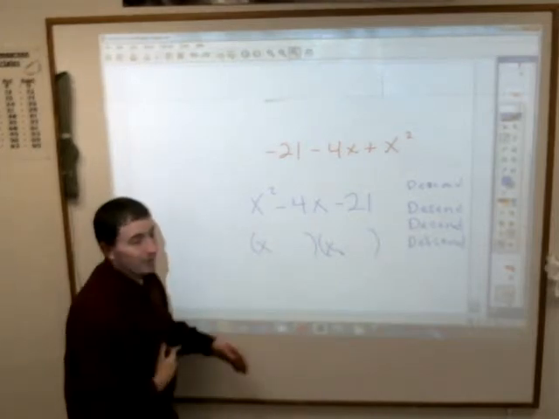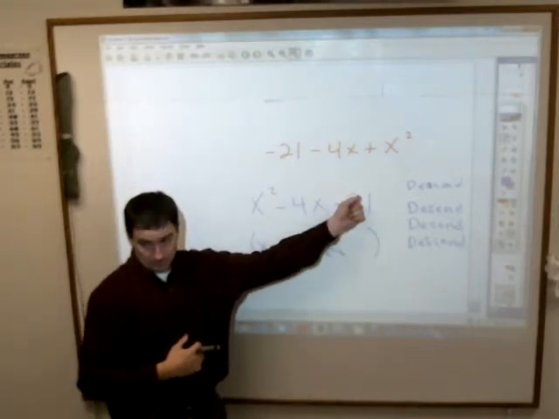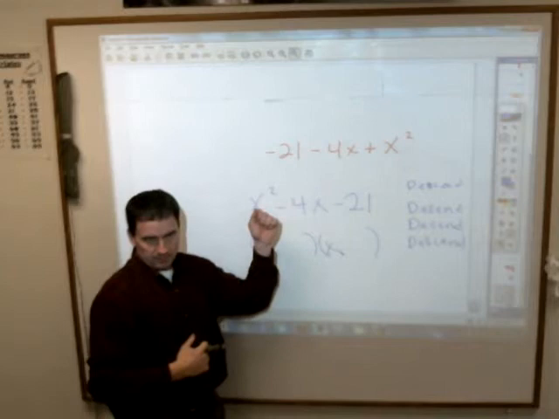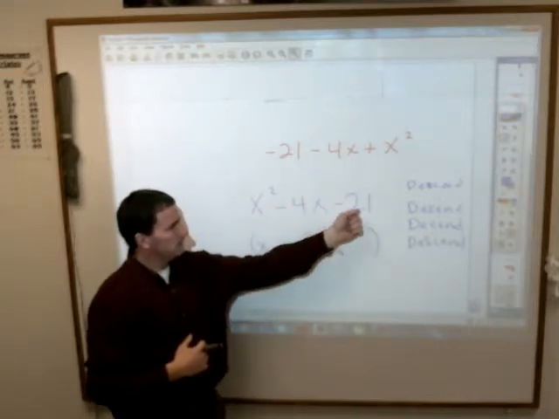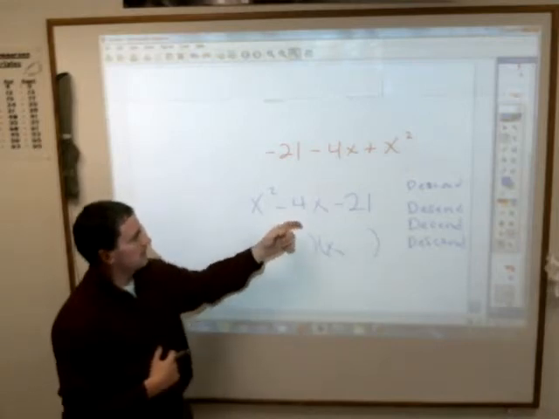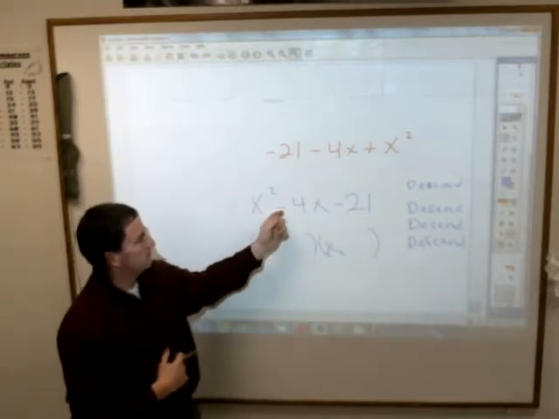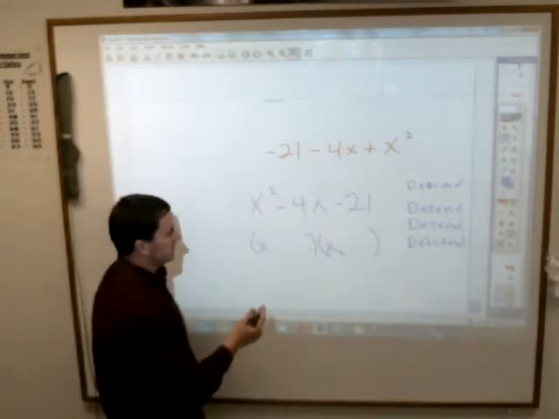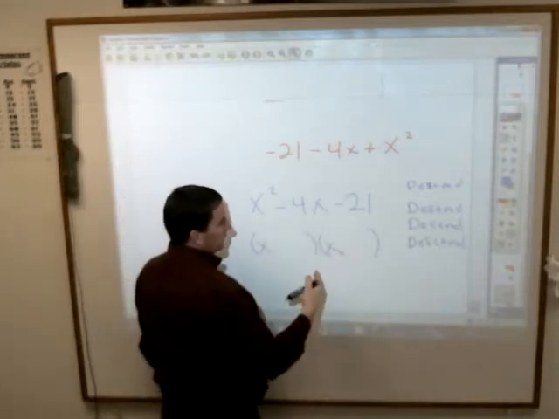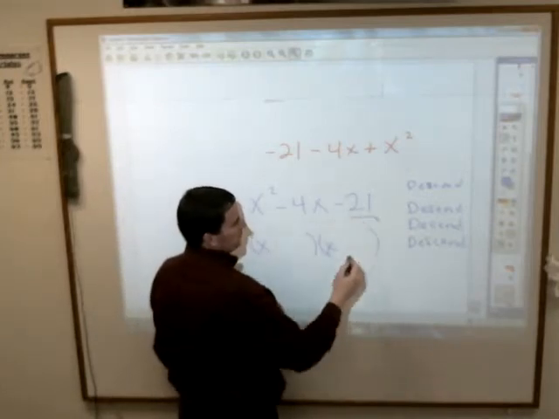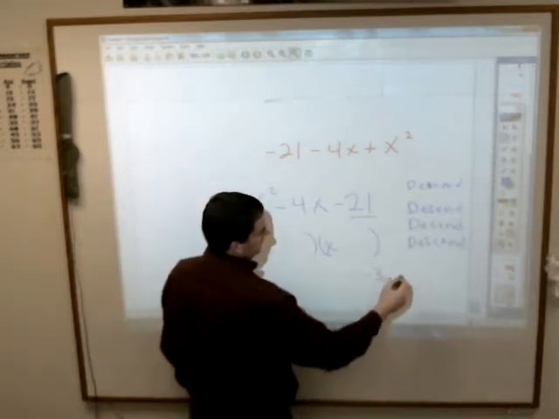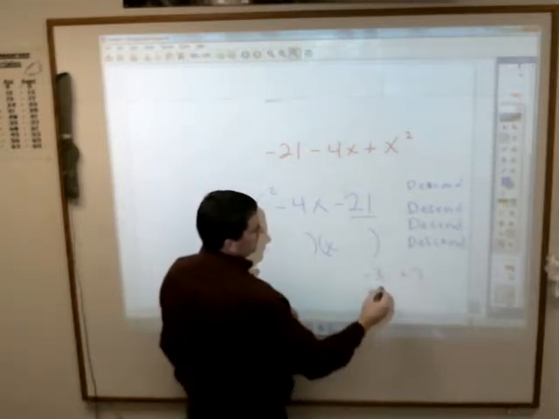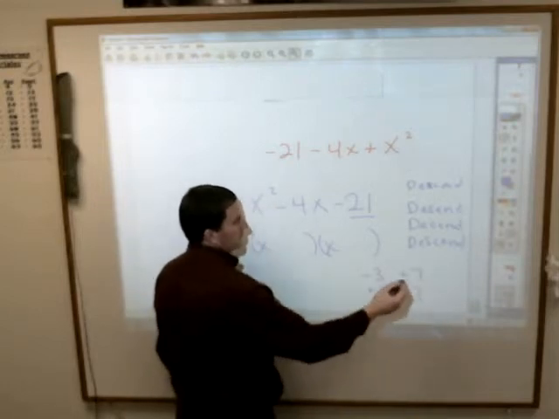And again, there's only one way to get a negative last term and a negative middle term. No, there's a couple ways. You can't say that. Only one way to get a negative here, a positive and a negative, so you have to think here. Negative 21, your choices are negative 3, positive 7, positive 3, negative 7, and then the 21 and the 1.